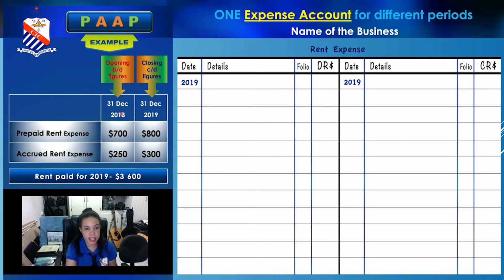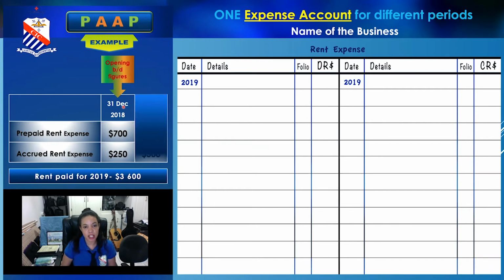And the beginning date, you're not going to put 31st of December, because remember, your opening balances must always be a beginning date, the beginning of the period. And for the 2019 calendar year, the date that starts off the year is the 1st of January.